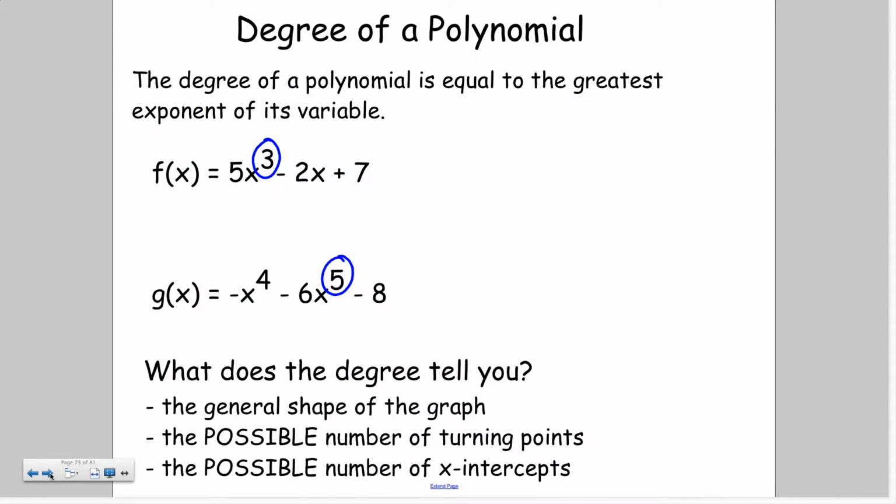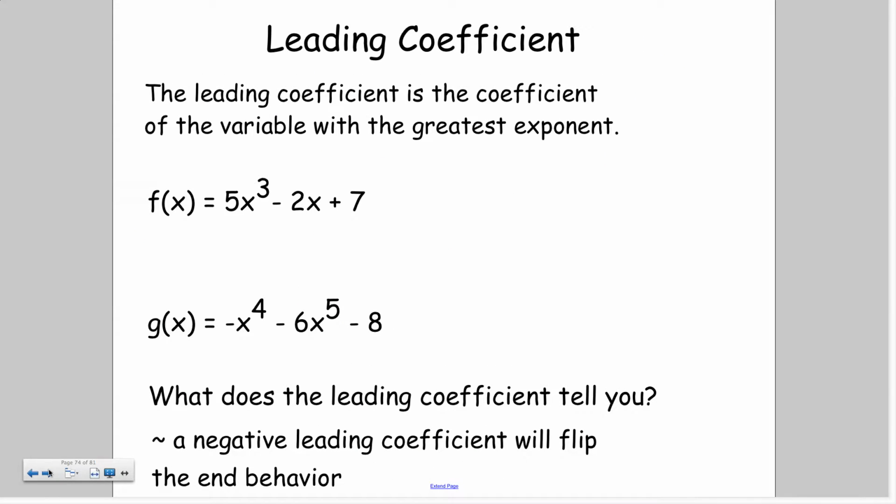Now I'm going to go back to the bottom of page 34, where it talks about the leading coefficient. The leading coefficient is the coefficient of the variable with the greatest exponent. So in f of x, my greatest exponent is 3, and that is an odd degree. Now I'm going to look at that exponent's coefficient, the number in front of it, and that is a 5.